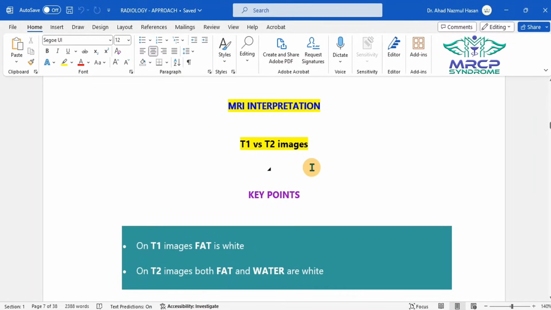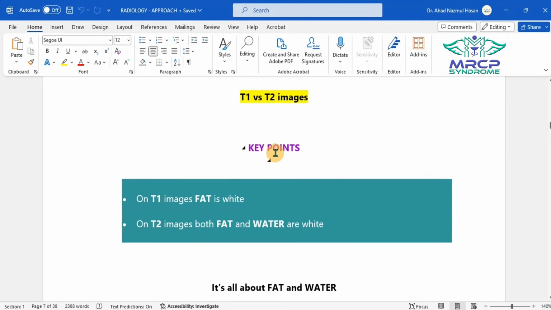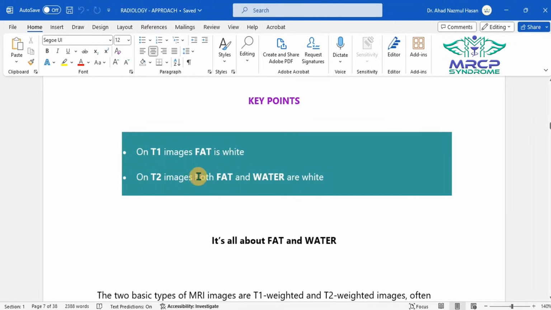So we need to differentiate between the T1 and T2 weighted image, and you need to remember 2 key points, and these 2 key points you should remember for your lifetime. So in T1 weighted image, the fat is white, and in T2 weighted image, both fat and water would be white.